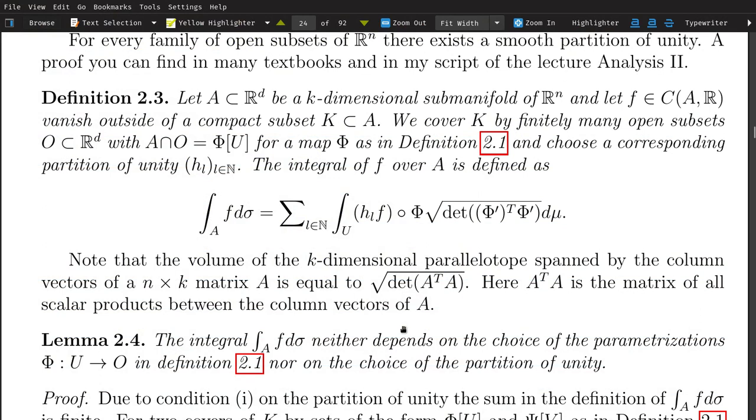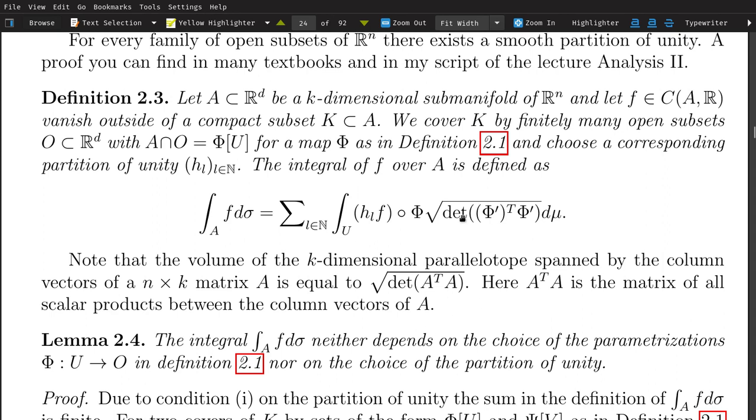So this definition 2.3 is just this extra step of breaking up A into pieces that are in this simpler definition I gave in these notes. And then very important, number 2.4: none of this actually depends on the choice of parameterization.